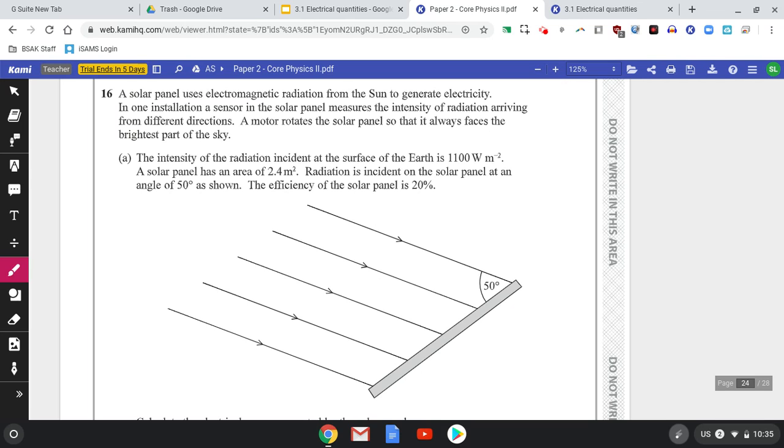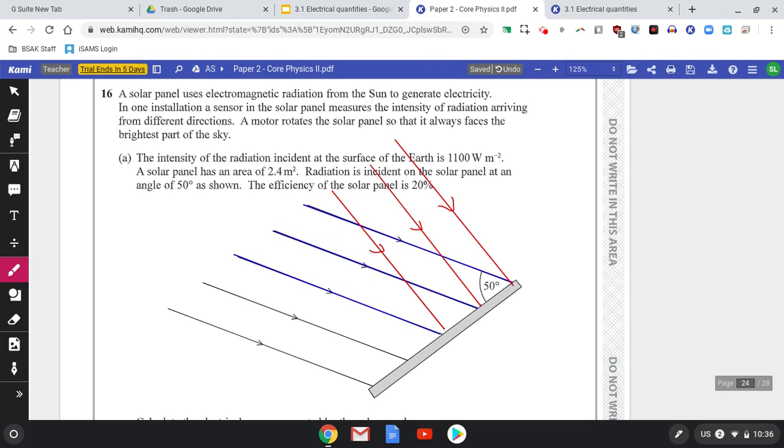That's the value of the intensity in this direction, the intensity of these rays. We want the intensity of light in this direction.